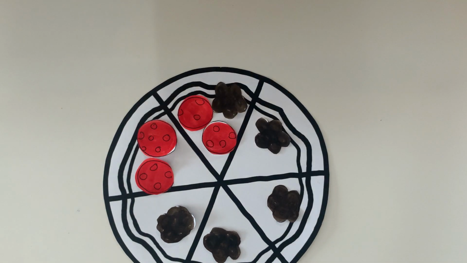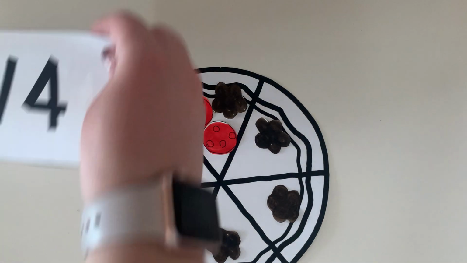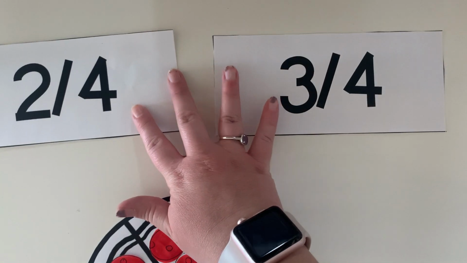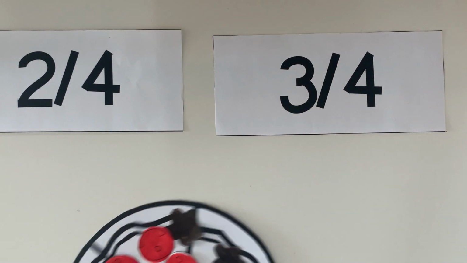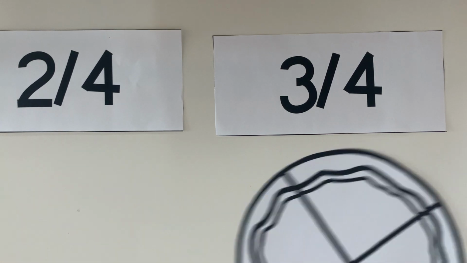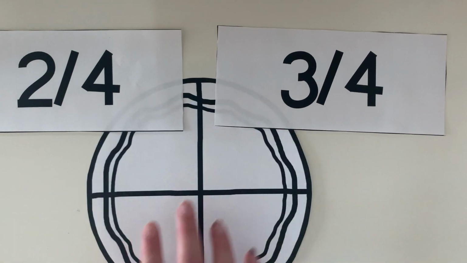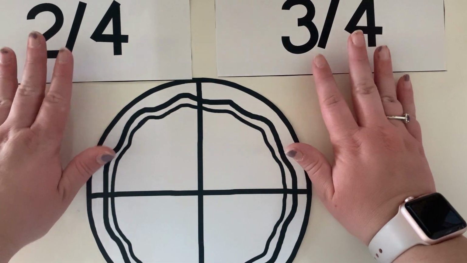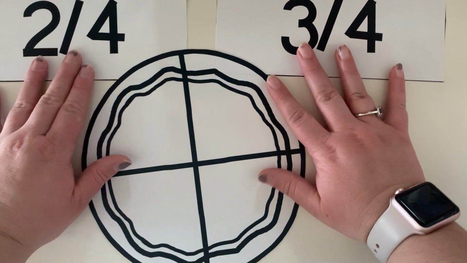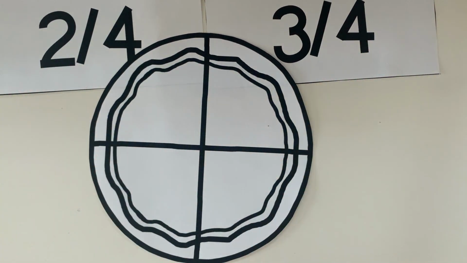Now we have one more, which is fourths. So 2/4, 3/4. So I'm gonna get my other pizza that's cut into 4 pieces. There we go. I'll cut it like this so you can see the whole pizza.